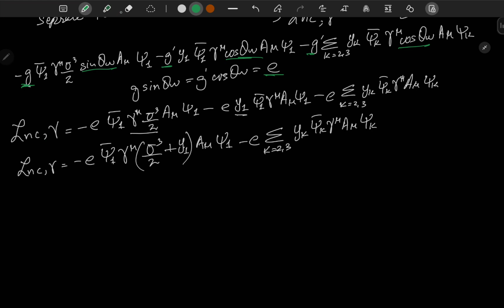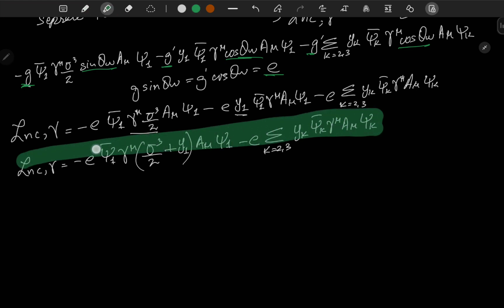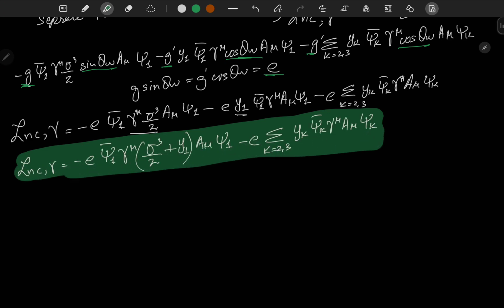So this is the neutral current term which is mediated by the photon.